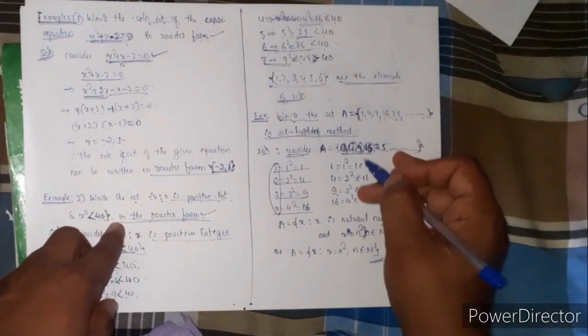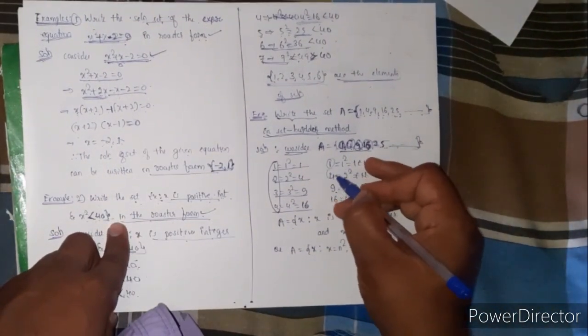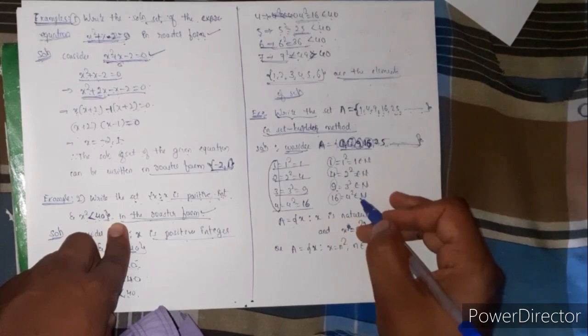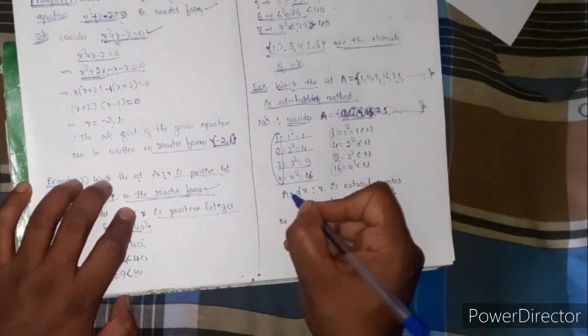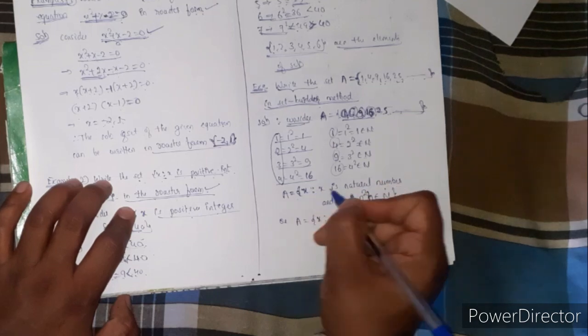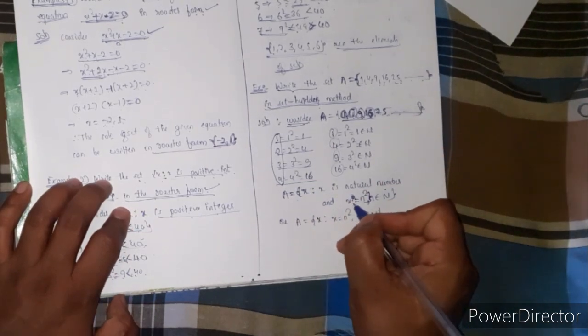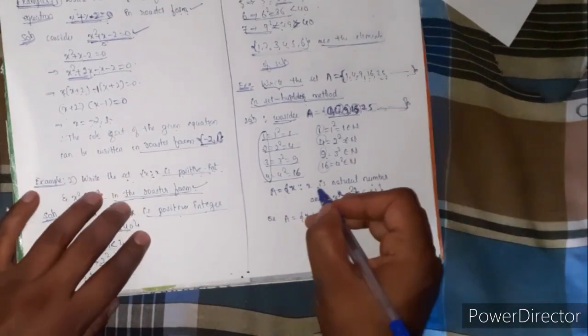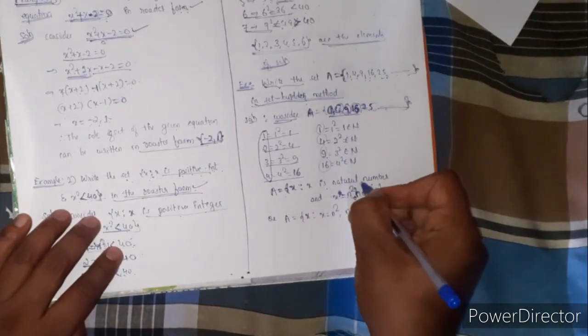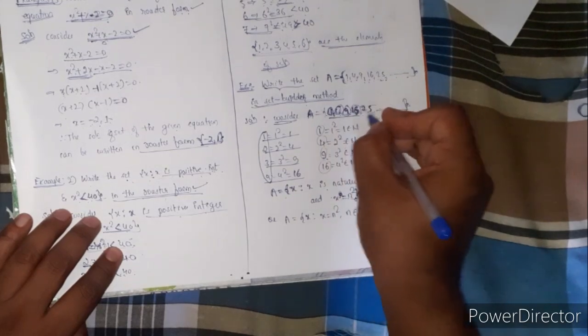So by observing this, these are the squares of natural numbers, and therefore we write in set builder form: A equal to x such that x equal to n square, where n belongs to N. This is the rule for defining the elements of the set.